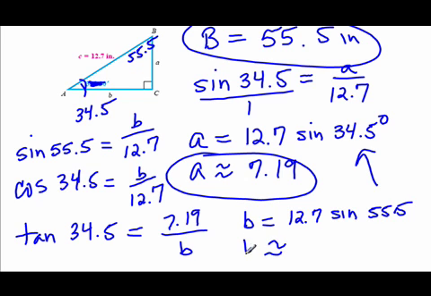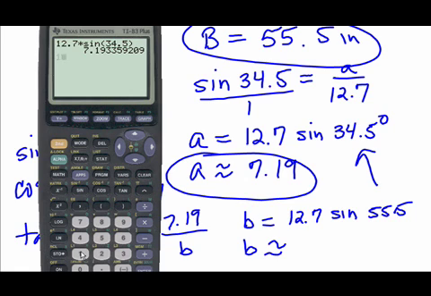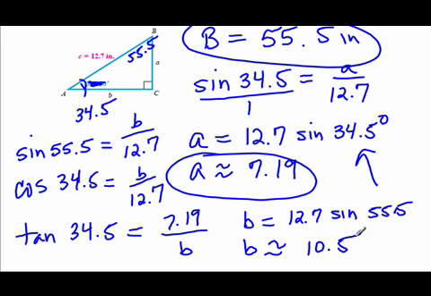And that's approximately equal to 10.5. So those are your missing parts to that right triangle. Okay? Questions so far?